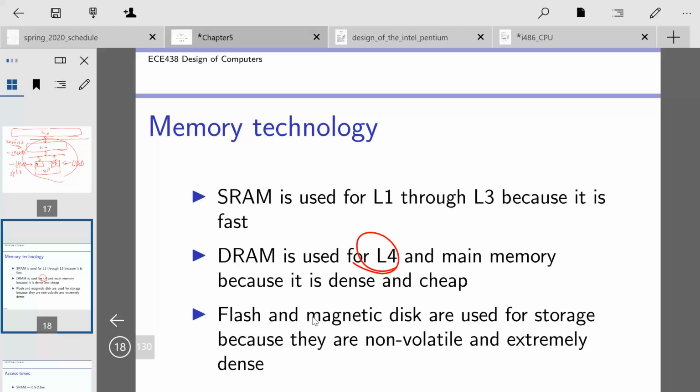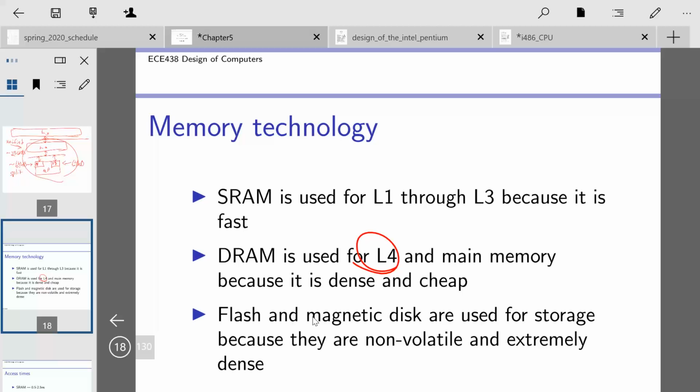The level 4 is actually used a lot of times for sharing memory between GPUs and processors, so it's a little bit higher performance there. Also, you could have multiple processor dies that share at the level 4 level, and so that's starting to become a thing.